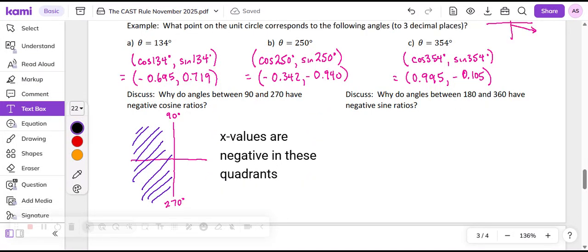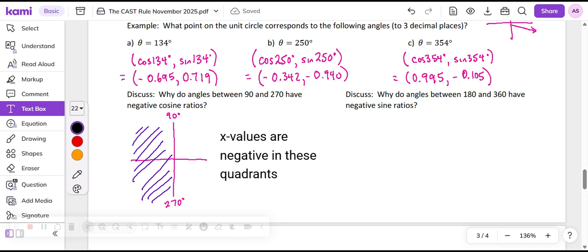Remember, points on the unit circle correspond to the cosine and sine of those angles. The cosine is the x value, like we just talked about. So if you have any angle that finishes over here, since the x value is negative, that's why the cosine values are negative over here and positive over here.